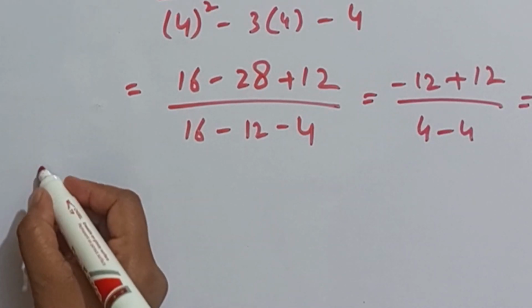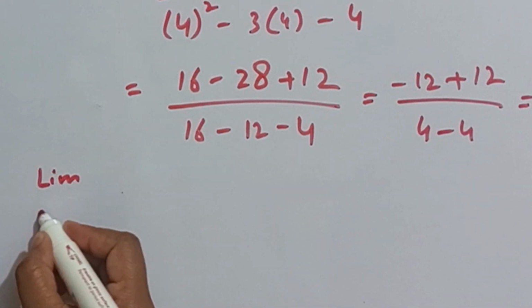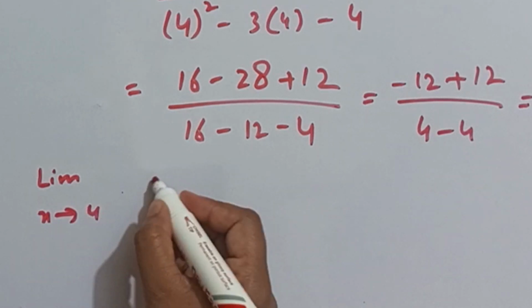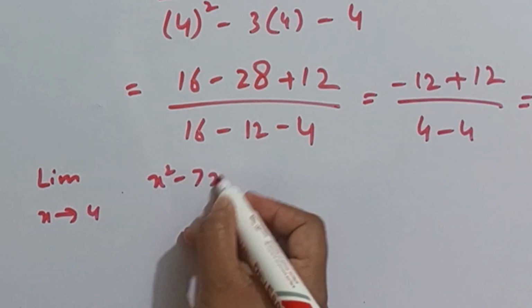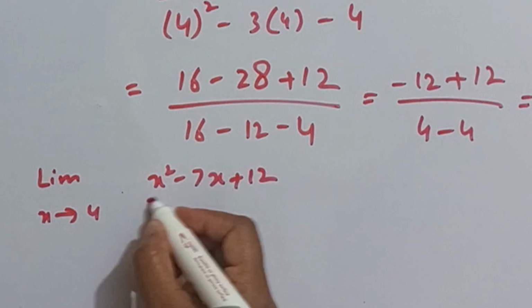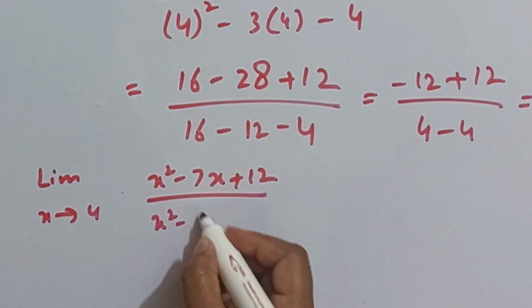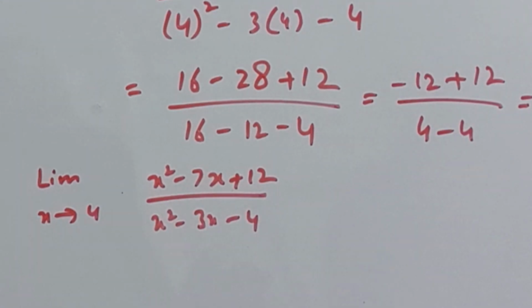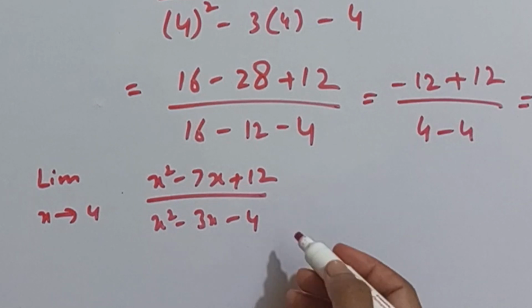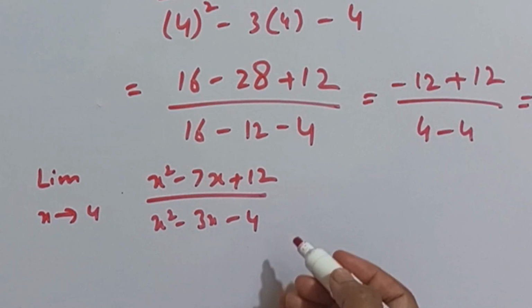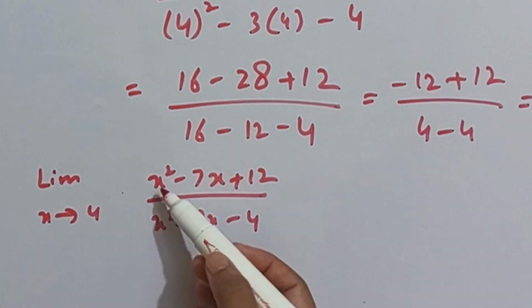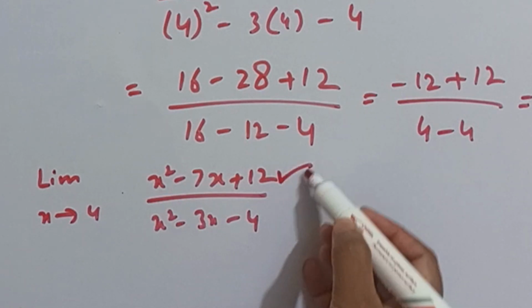So for this we have the limit as x approaches 4 of (x square minus 7 times x plus 12) over (x square minus 3 times x minus 4). Look at the numerator and denominator. We have a quadratic equation. Look at this above equation.